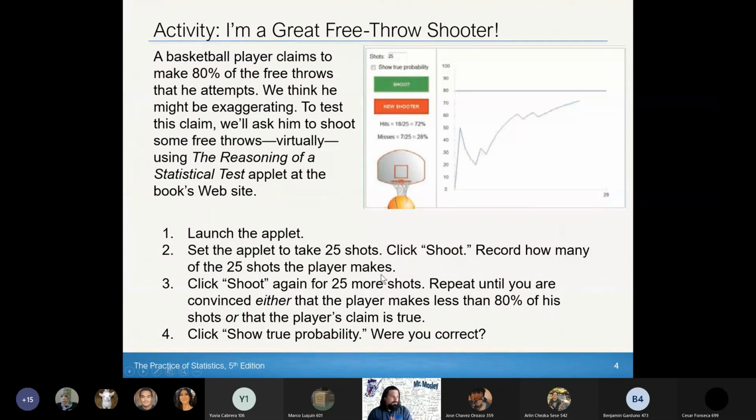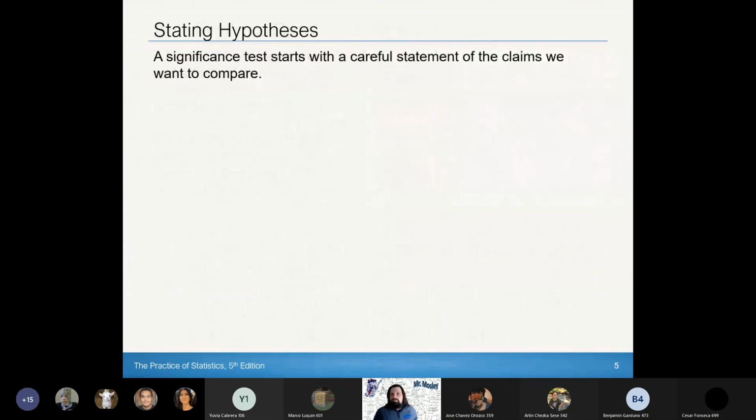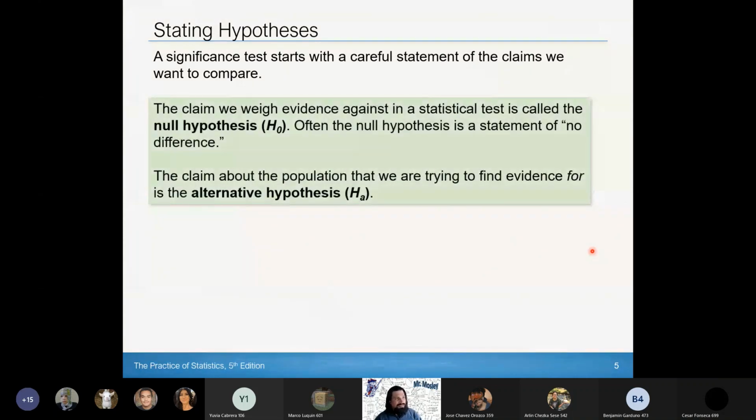All right. So this is just kind of our intro here. A significance test starts with a careful statement of the claims we want to compare. The claim we weigh evidence against in a statistical test is called the null hypothesis.